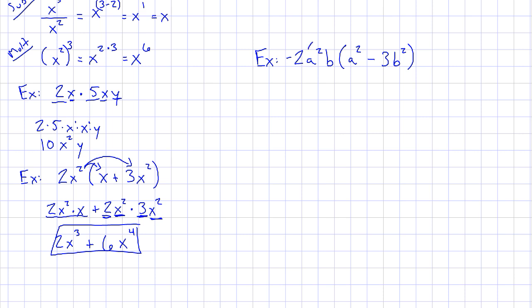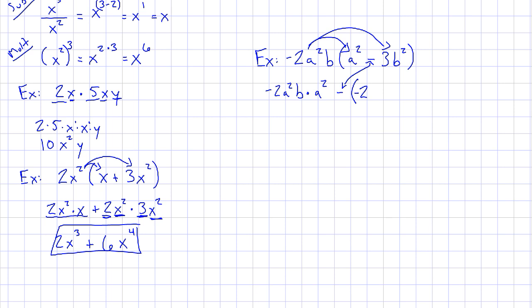I'm going to distribute this whole thing, negative 2a squared b, to both components. So I have negative 2a squared b times a squared minus negative, so that minus is coming here. That's where I'm getting that minus.